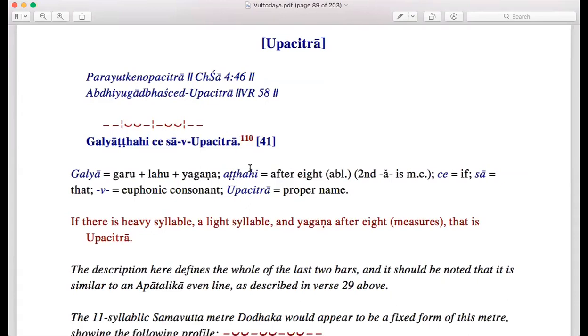Yes, because we have the 2, 1, 1, right? 2, 1, 1 is bhagana, right? Yeah. Bhagana. You are saying that after 8 syllables there is a bhagana and a jagana.